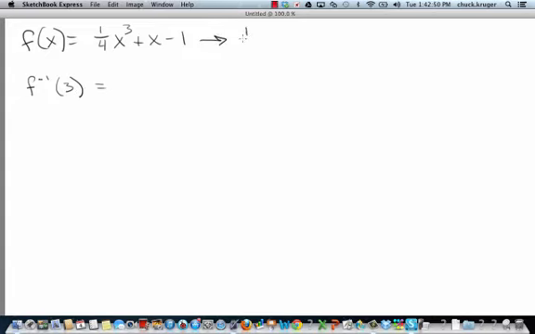So I need to figure out when this is true. What x value do I get 3? Well, one way I can do this is I can solve for it. I can get rid of the fraction by multiplying everything by 4, and I get x cubed plus 4x minus 16 equals 0.